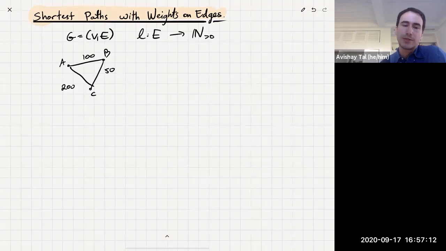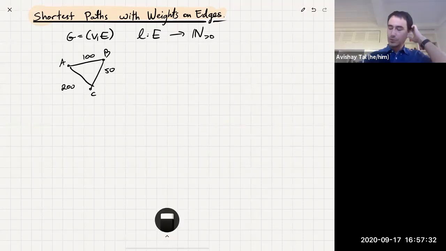There are two ways to go from A to B, one direct and the other crossing through C, but the direct one is better. What about from A to C? Well, going directly from A to C is not the shortest path. The shortest path is actually going through B, and this would cost you 150.